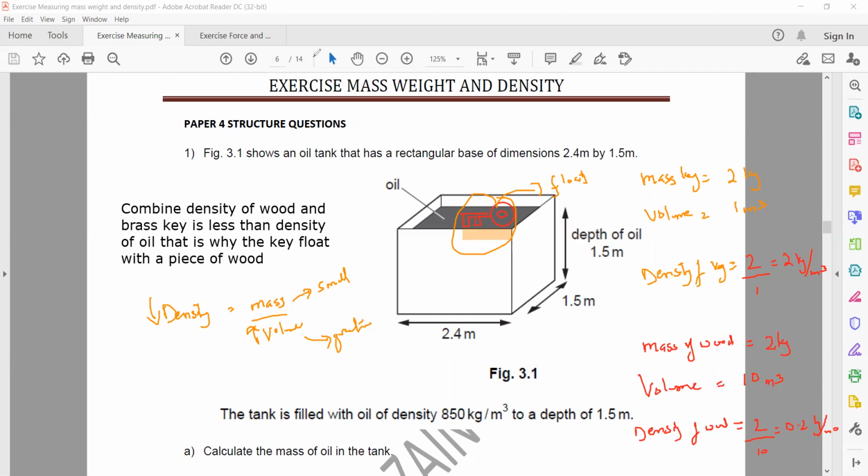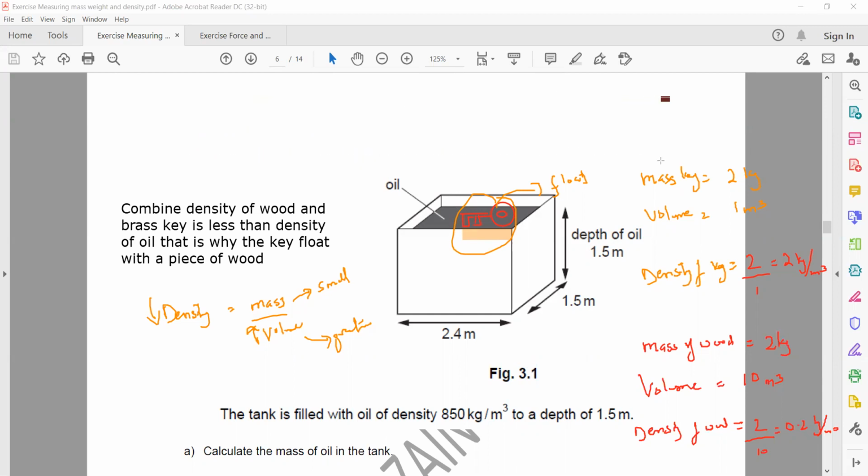But if we are finding the combined density of the wood and the key, how to find the combined density? That is the combined mass.